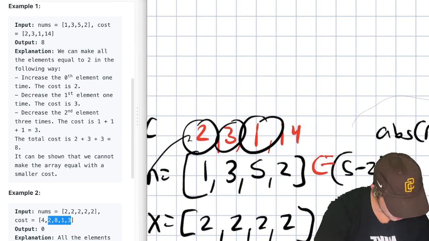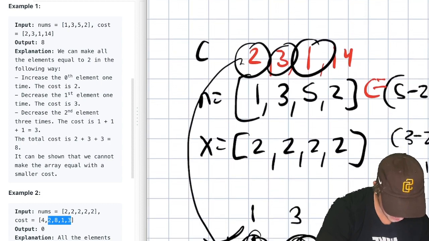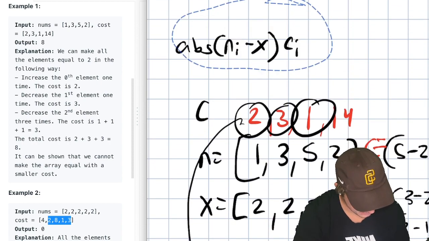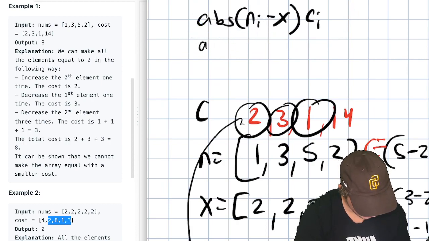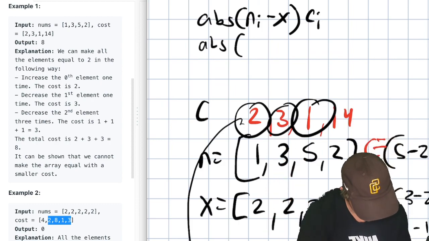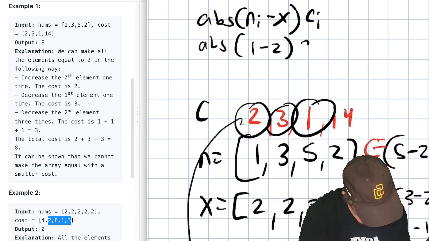If you are unsure about a formula you've written, of course it could be right for just one case, but usually if you just run it against an example, that'll indicate to you, all right, we're good to go. Okay, so we have the absolute value for our first value, nums[i] is 1, the final value is 2, 1 minus 2, and our cost[i] value is 2.